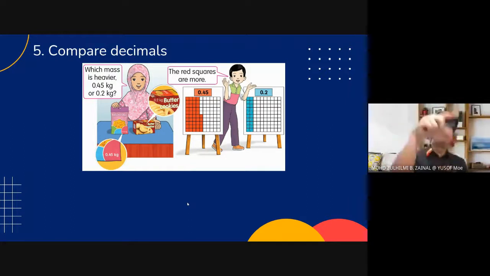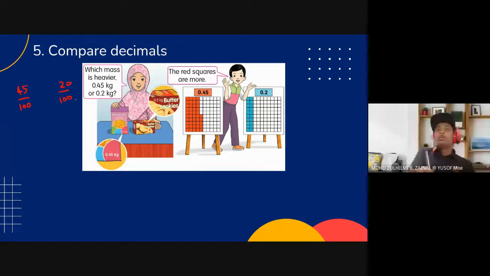So you just change it into decimal fraction. So 0.45 ni, actually 0.45 is 45 of hundredths. And then 0.2 pula is 2 of 100. Macam mana nak tahu? Because kalau nak change into 2 pula ada 20 actually. Okay, 20 of 100.